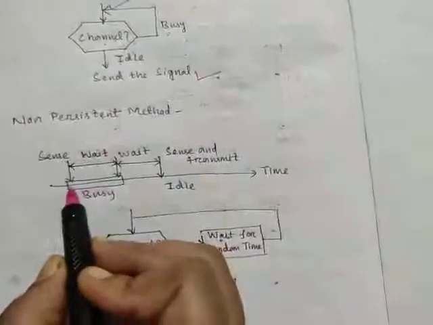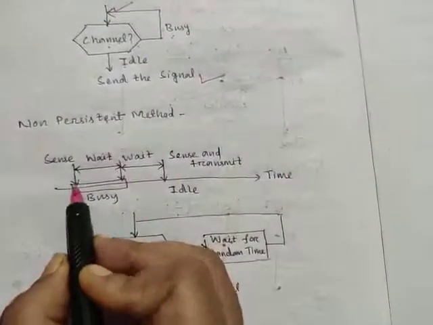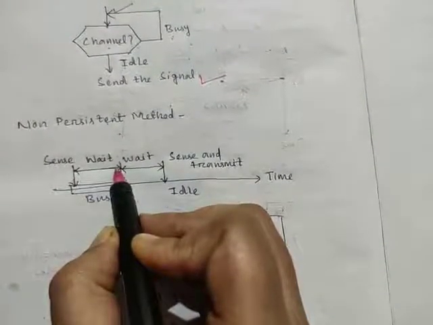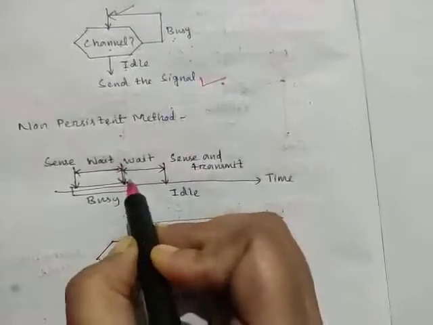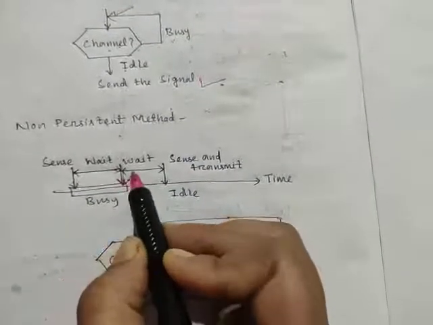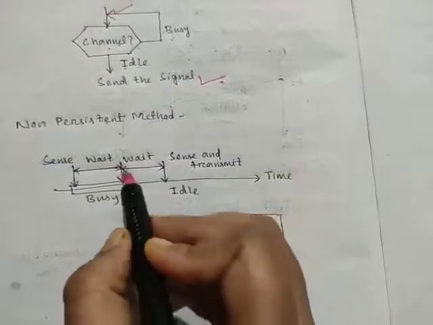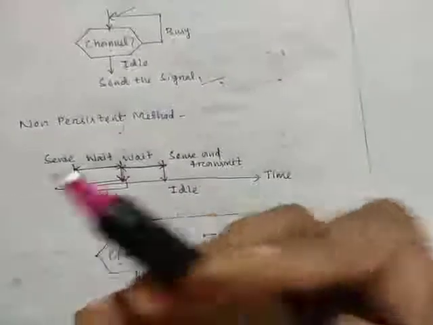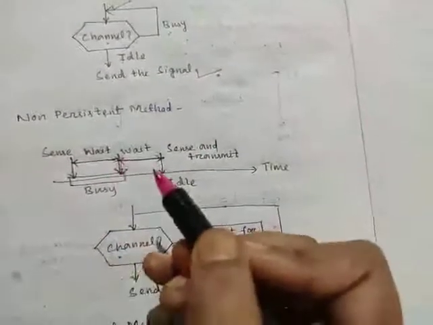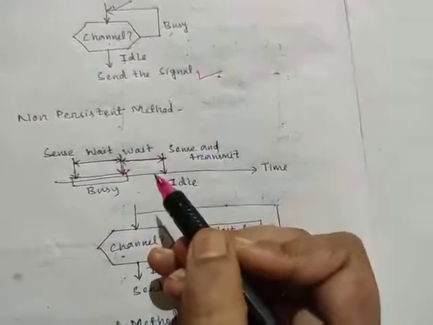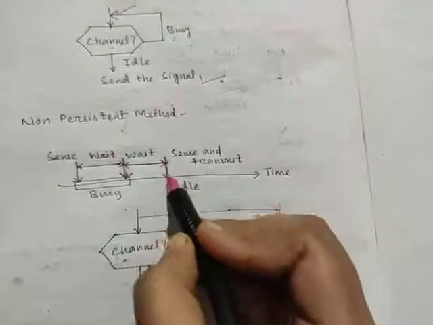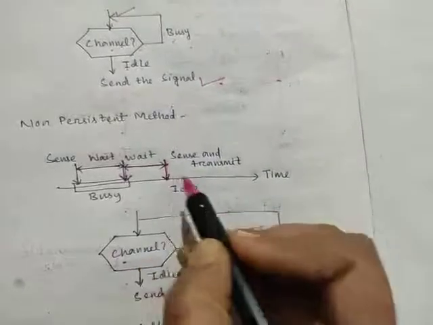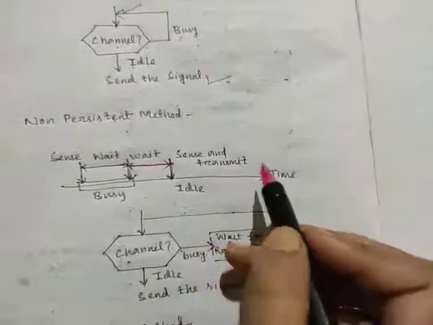So, when a station senses the channel busy, it waits for a certain period of time, then senses the channel again. If it is again busy, then it waits for another period of time. This process repeats until it senses the channel idle. After it senses the channel idle, it sends the packet. That is known as the non-persistent method.